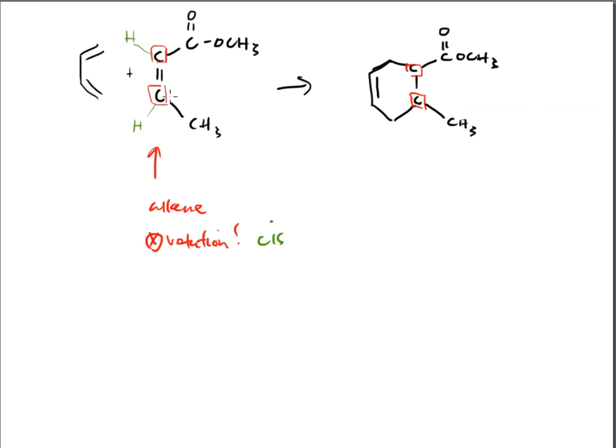So if I look at this double bond and I see that that has a hydrogen and this has a hydrogen, they're pointed in the same directions, they're on the same side, so that means they're cis, then that means these groups will also be cis when the ring forms, because the ring is very much like a double bond. Once this entire ring has been formed, folks, it locks everything into place.